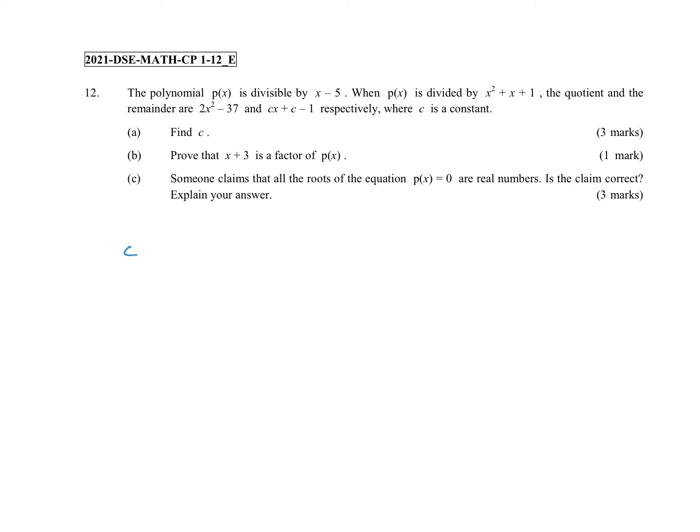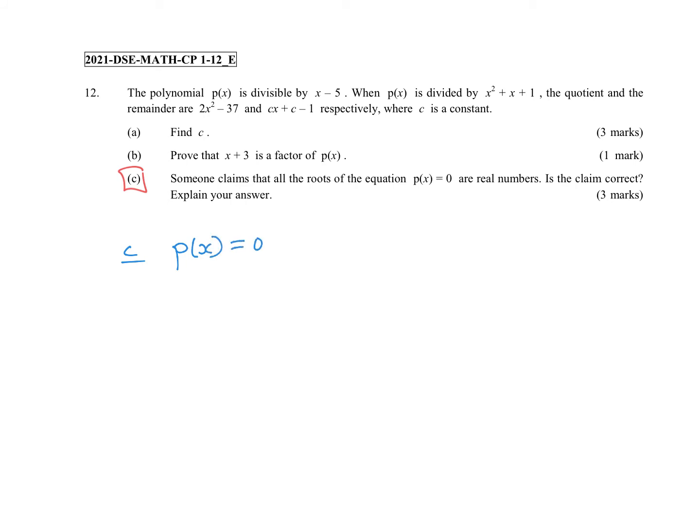And then for part C, someone claims that all the roots of the equation p(x) equals 0 are real numbers, right? So we are curious about the equation p(x) equals 0.